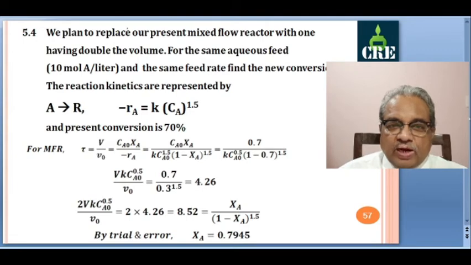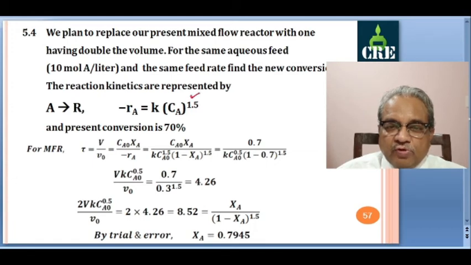5.4. We plan to replace our present mixed flow reactor with one having double volume. So the volume is doubled. For the same aqueous feed of 10 moles of A per liter and the same feed rate, find the new conversion. The reaction kinetics are represented by the reaction A gives R, and the rate law is minus Ra equal to K Ca raised to 1.5.